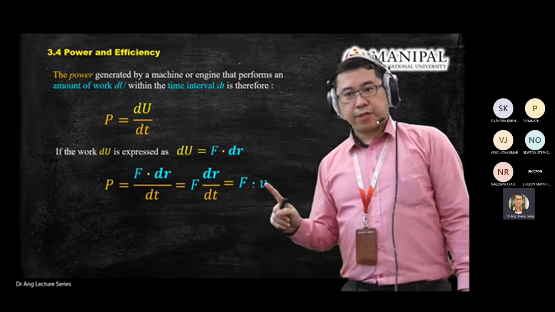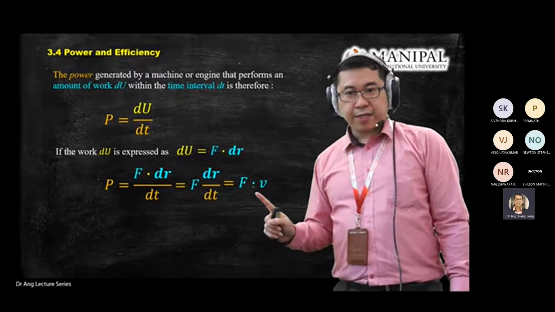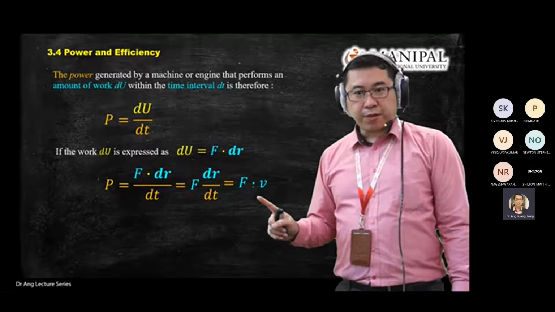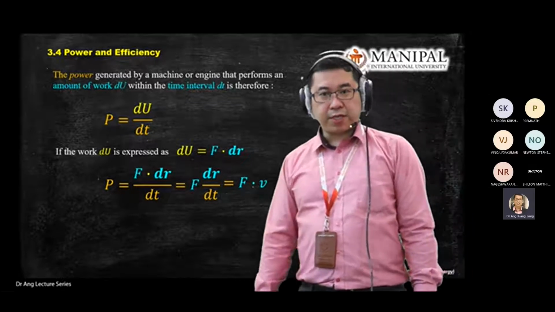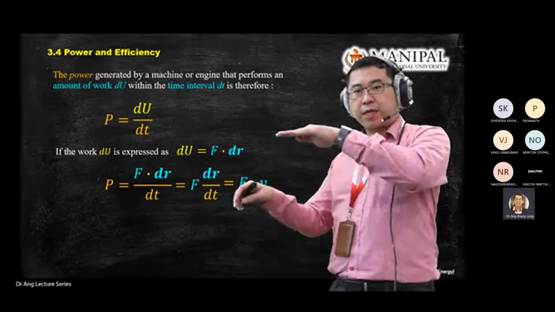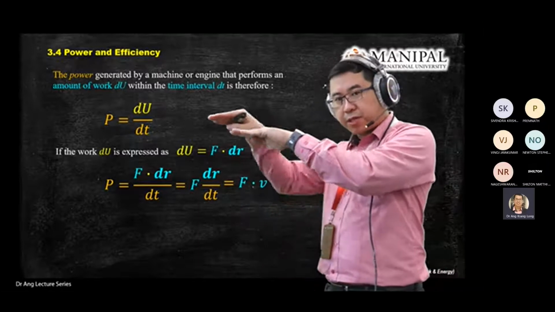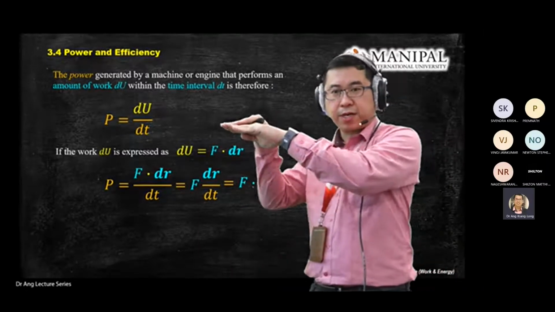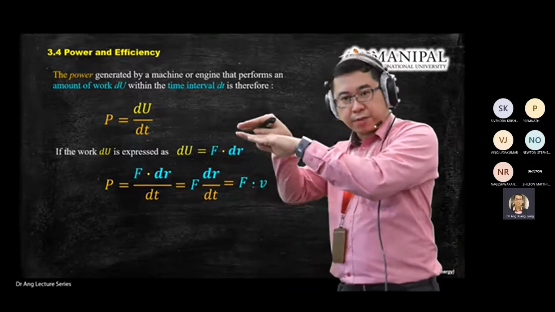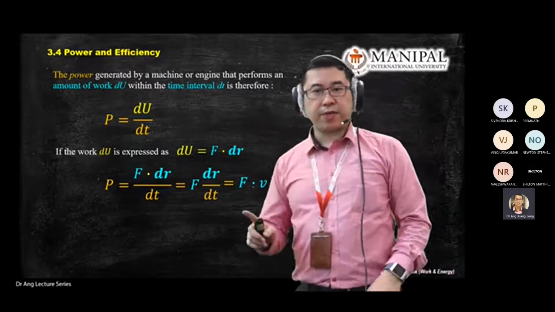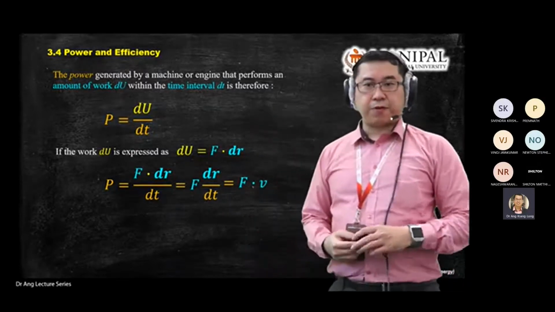So force, a vector, multiplied by velocity gives power. This means the force and the velocity must be in the same direction also. Then only you get positive power.